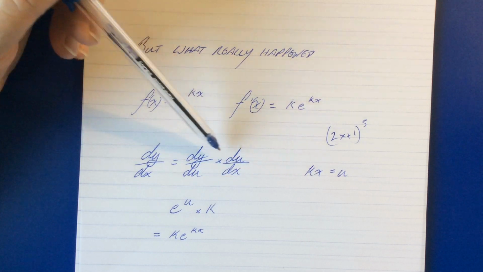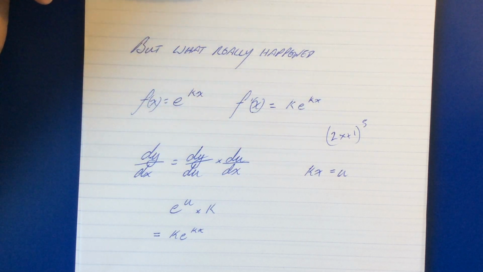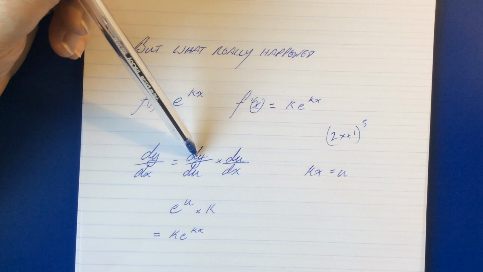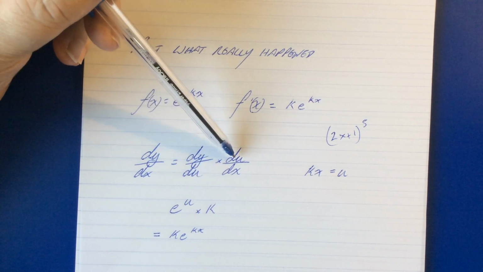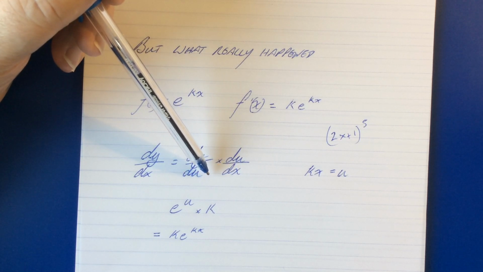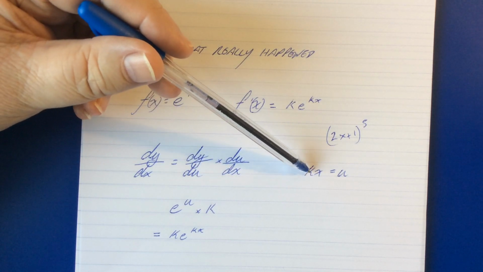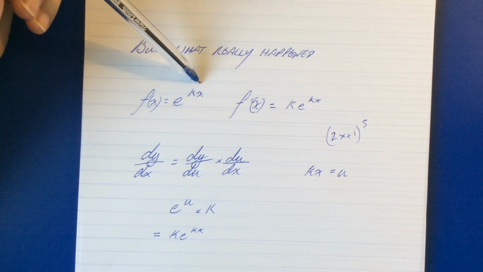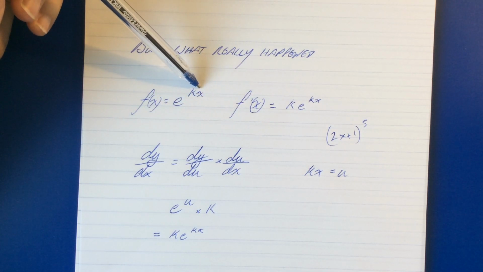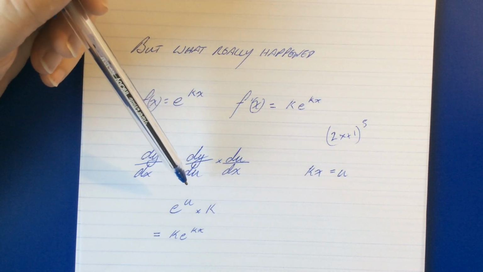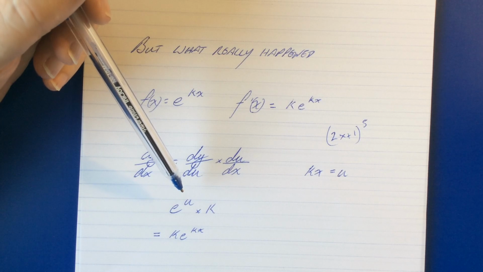Effectively, the differential of e to the kx is the differential dy du times du dx. And if we name kx, this here, u, we can go ahead and differentiate.